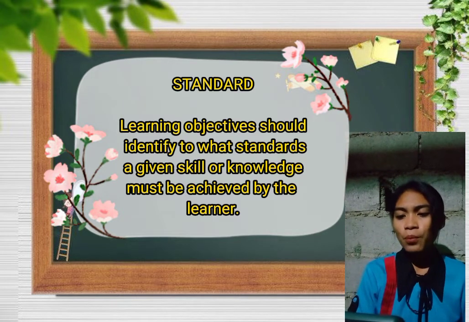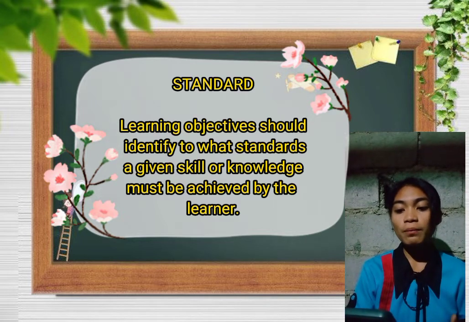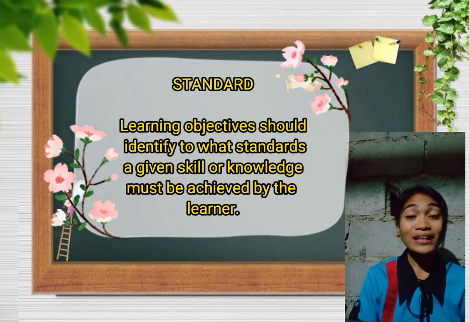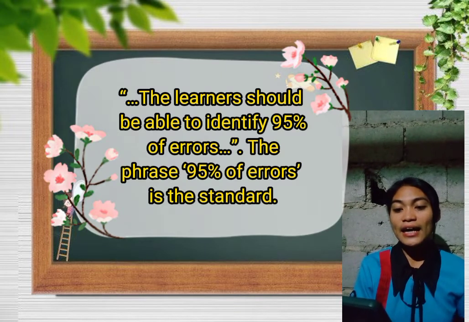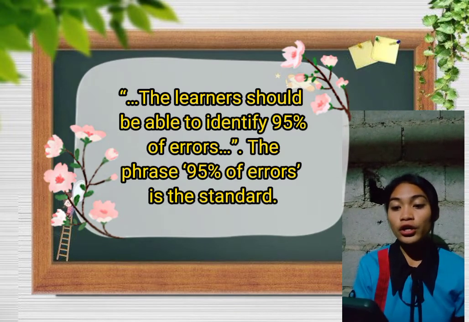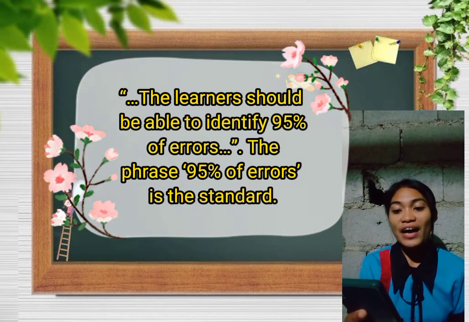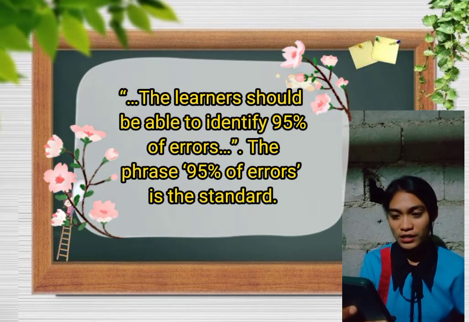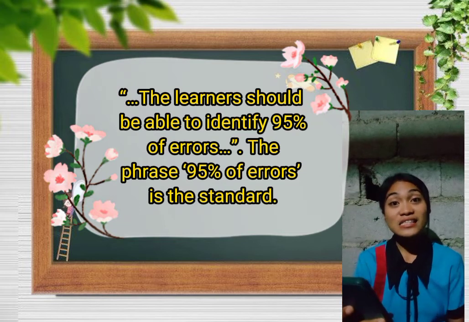Therefore, it is important to give the specifics of how a learner will be able to perform a given task in terms of quality and quantity. For example, in the objective "the learners should be able to identify 95% of errors," 95% of errors is the standard.